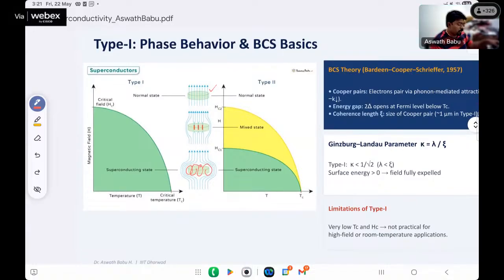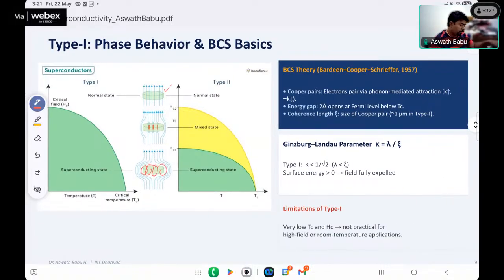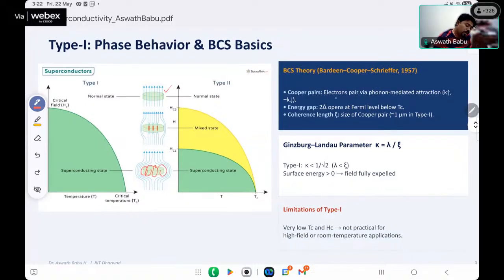Now this is actually described by the BCS theory, which is Bardeen, Cooper and Schrieffer's theory, where they use Cooper pairs, understood as two electrons paired via phonon mediated attraction. What does this phonon mediated attraction mean? If I take a lattice structure, a material with atoms or molecules connected by bonds, the nuclei themselves do vibrations, called phonon vibrations.